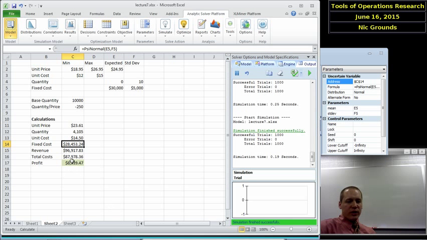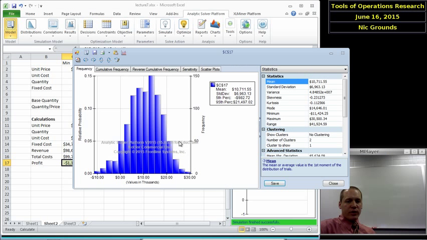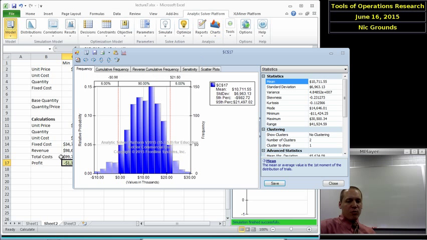And our output, the profit computed, having to rerun simulations, looks like this. Obviously it's not normally distributed, because there are aspects of this problem which are not normally distributed. There are aspects that are uniform, and aspects that are triangularly distributed. But it's obviously not triangle or uniform either because it's a mixture of all those things.